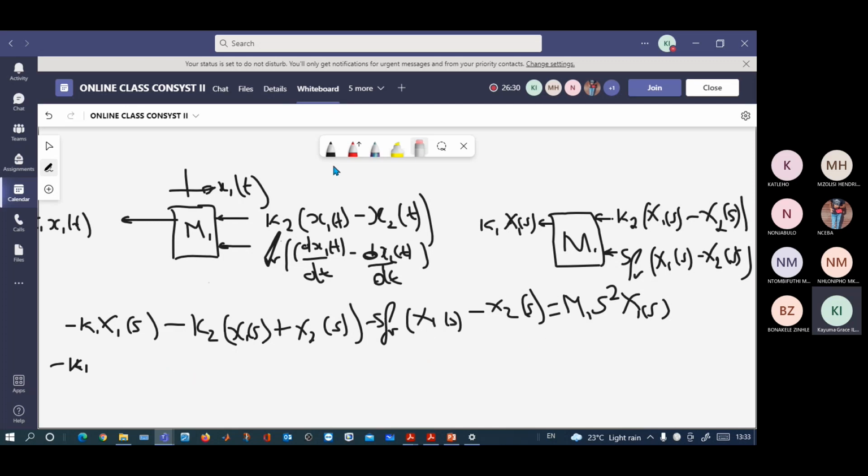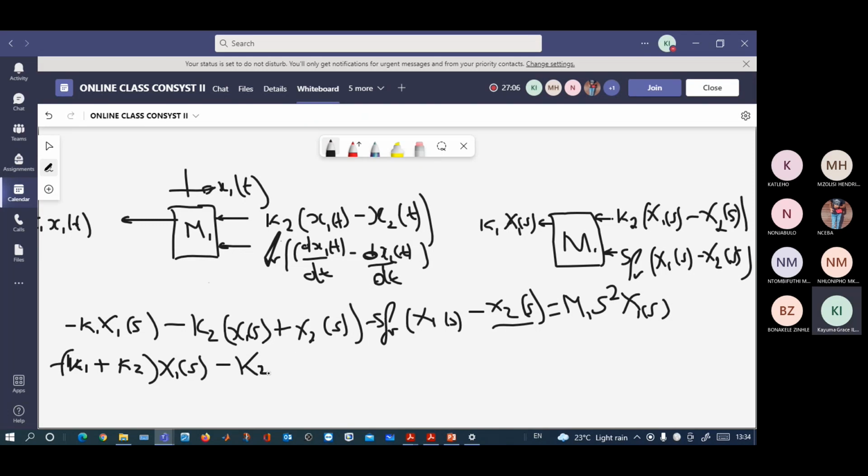So what we can do, we can use this one plus K2, open the bracket, X1 of s, then we can do minus this K2 X2 of s. We have this one and this one, we can also put them together.